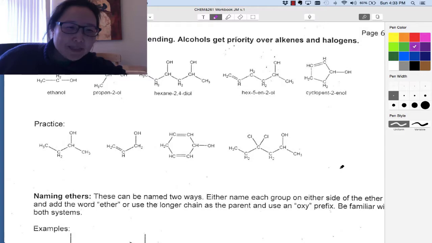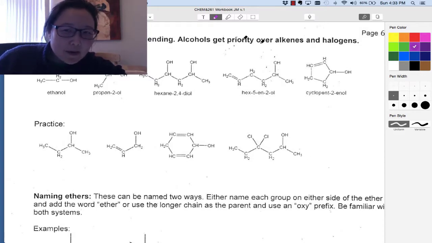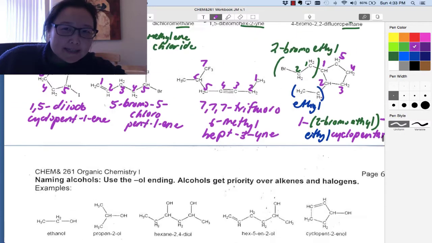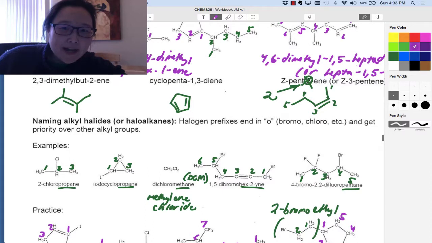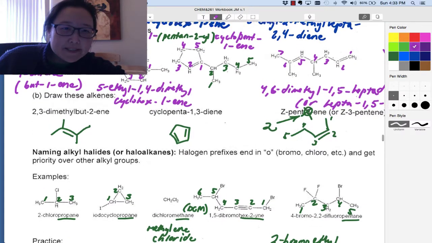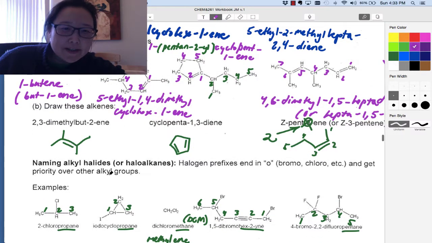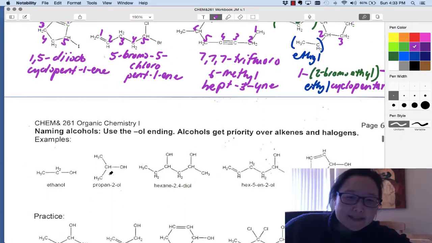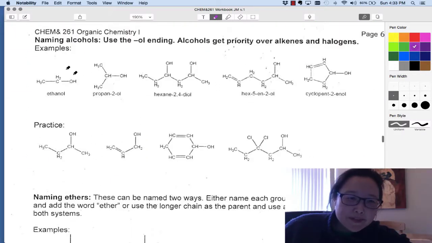Okay, guys, halfway through. So let's take a look at alcohols. Alcohols get priority over alkenes and halogens. And alkenes get priority over halogens. And halogens get priority over regular alkyl groups. So just know sort of the order of that. And here's ethanol. So this is 1 and 2.